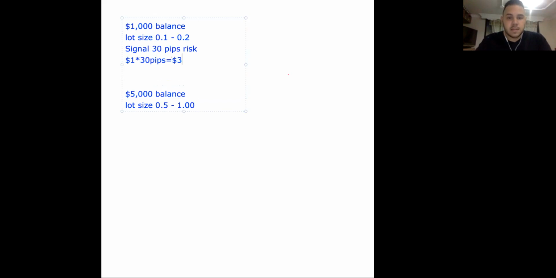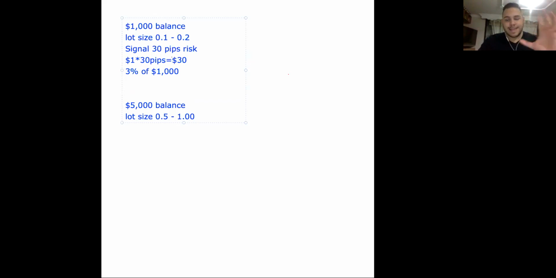We'd be risking a total of $30. $30 is 3% of $1,000. So we are good because we don't want to risk anywhere higher than 5%. Okay?